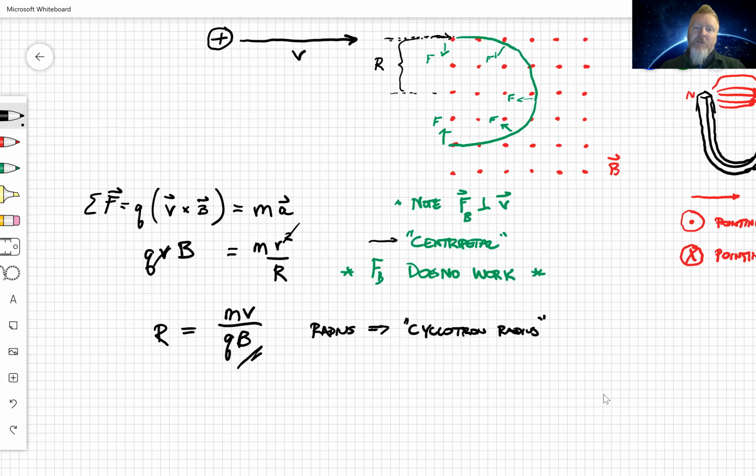So now, since I just told you that we were going to work with 90-degree angles for a while, what if instead of doing this, what if I shot it in from down here at some angle up like this? Well, then what would happen? V that way and B this way. Oh, still a 90-degree angle. Oh, okay, good.